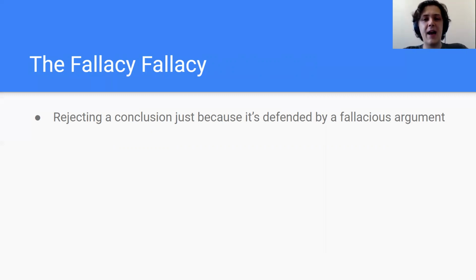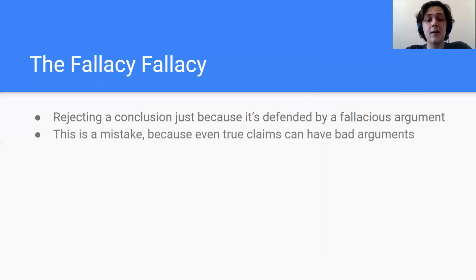So the Fallacy Fallacy is when someone makes a fallacious argument for a claim, and you conclude that their claim is false. Their conclusion must be false because their argument was fallacious. And this is a mistake because even true claims can have bad arguments. If you want an example, pick literally any true claim you can think of.